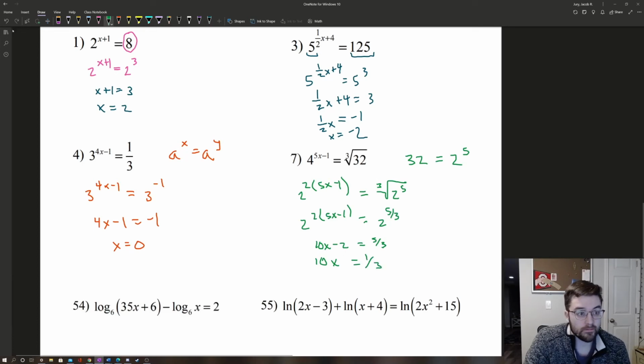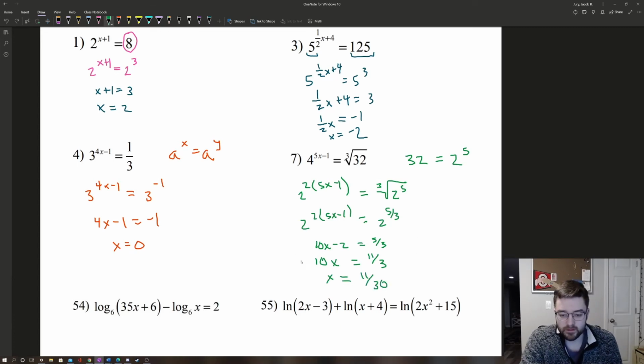Oh, what am I thinking? 11/3. And then I need to divide each side by 10. So I've got x equals 11/30. I just multiply each side by 1/10. Yeah. Great.